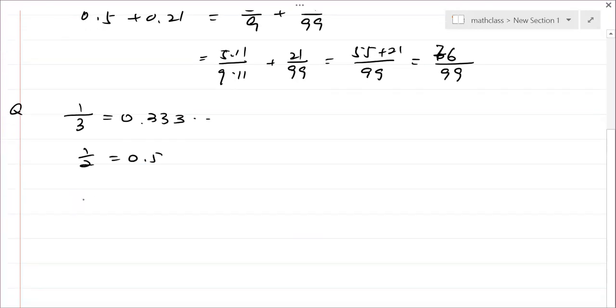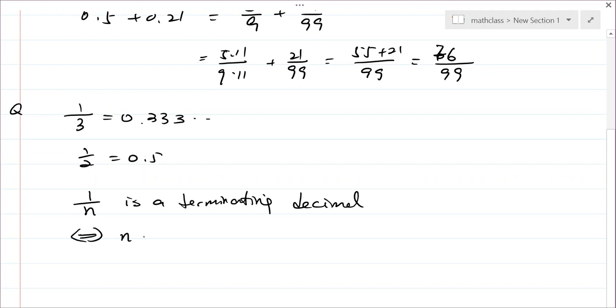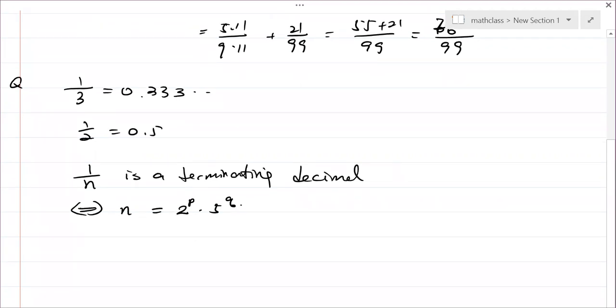Well, we find that 1/n is a terminating decimal if and only if n is of the form 2 to the p times 5 to the q. So if it contains other prime factors, then you will not get a terminating decimal.